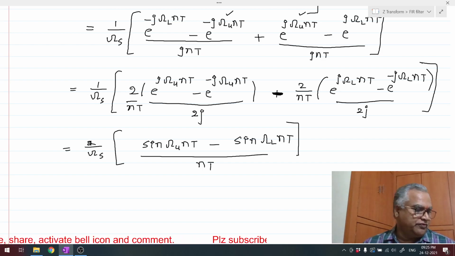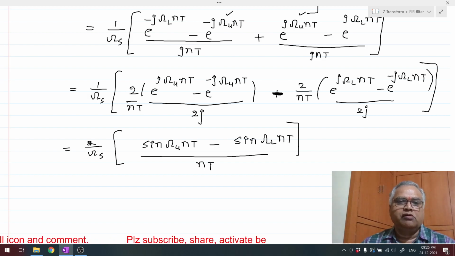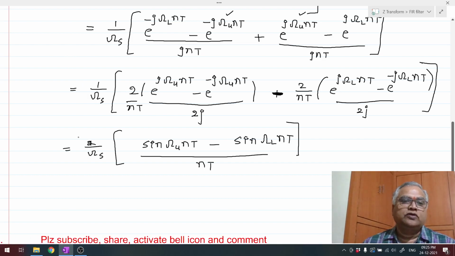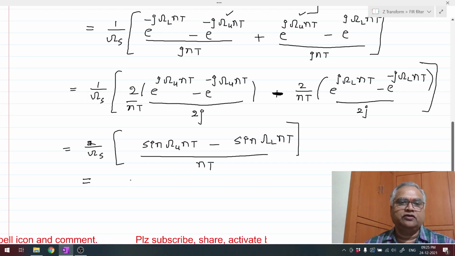So if we simplify this, this final answer I am giving. This is omega equals 2 pi f, so with T replaced by sampling, it simplifies.